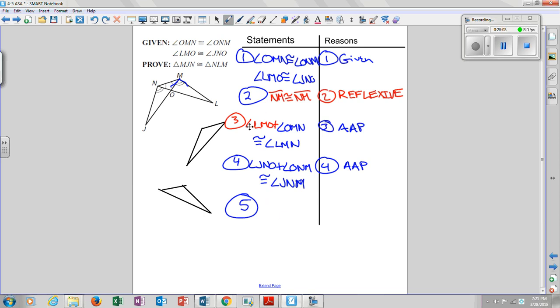I can substitute those in. So angle LNO plus angle, instead of OMN, I'm going to plug my ONM in, is congruent to angle LMN.